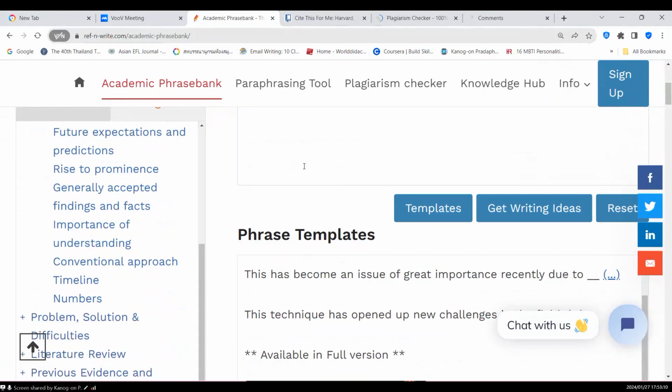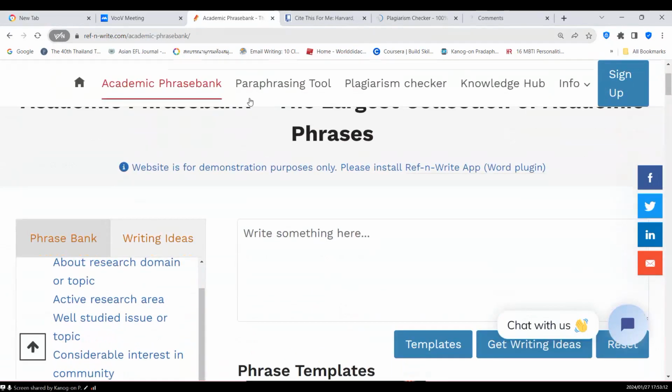Or you might type some of your ideas, maybe the introduction part, and then click on get writing ideas. It will show you other phrases that you can use for your sentence.